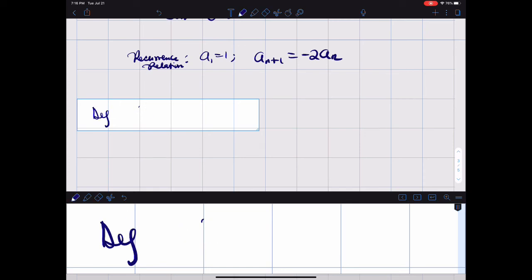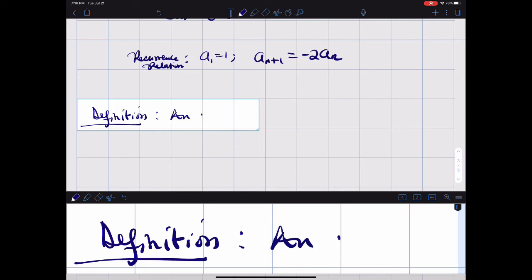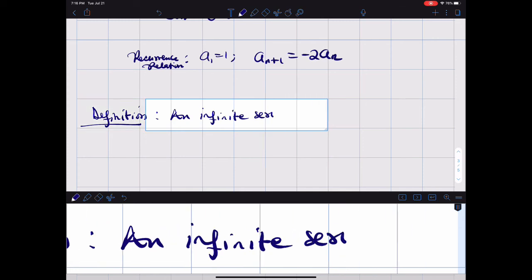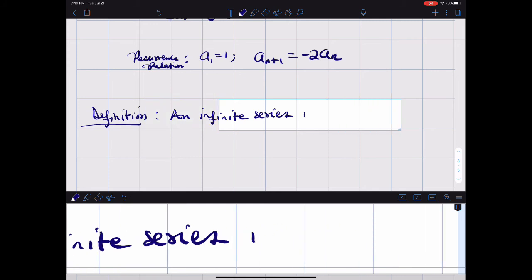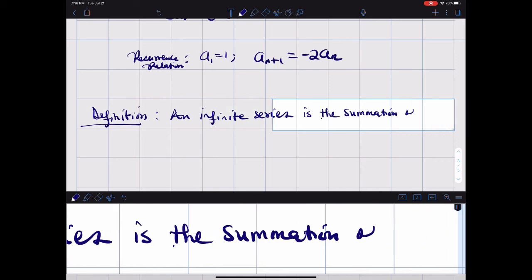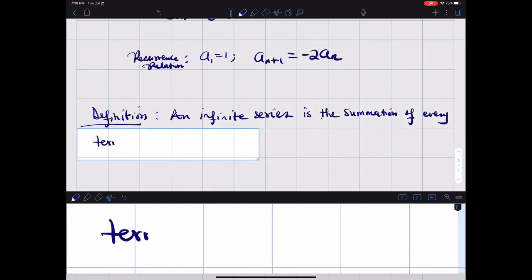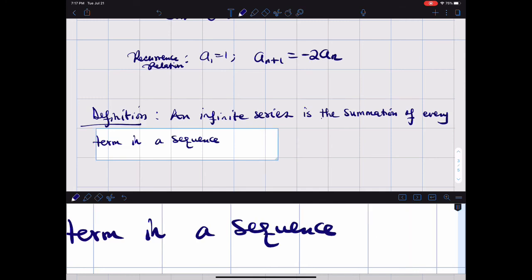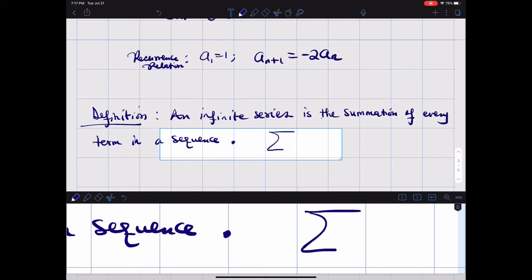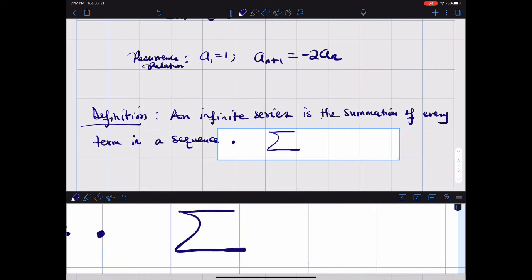So an infinite series is the summation of every term in a sequence. And the notation is usually this. So you have all the terms in the sequence.